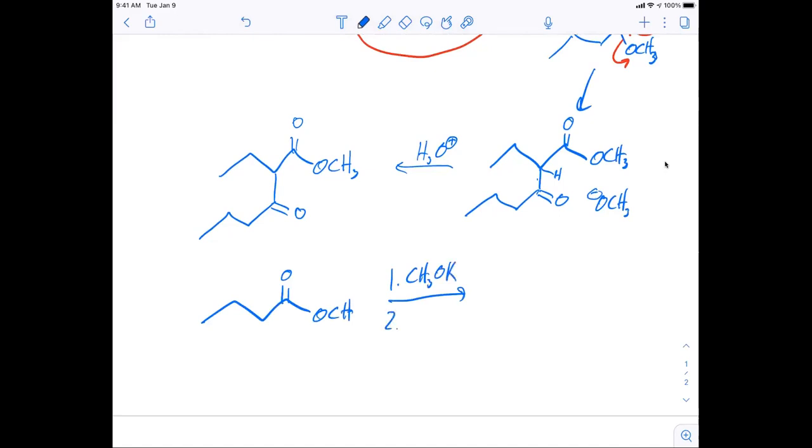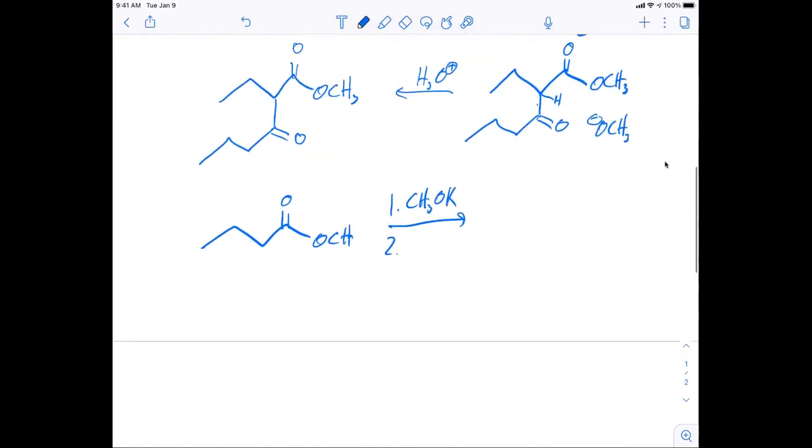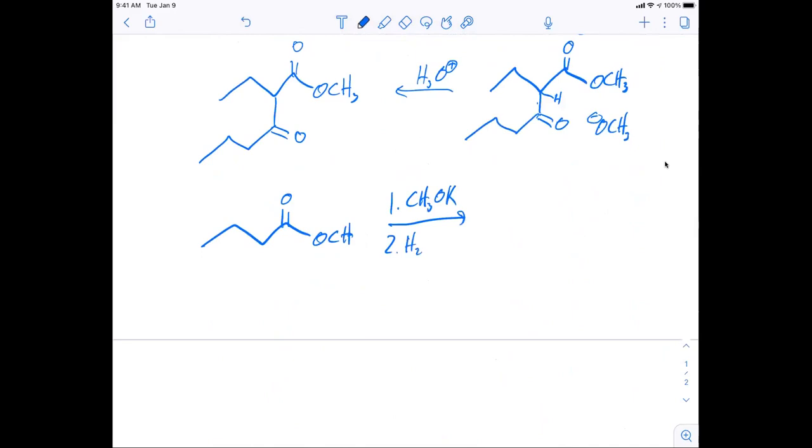So a few treatments here. We do the methoxide, but in this case, let's say H2SO4 and water, trying to indicate that it's strong. In this case, I get the acid.